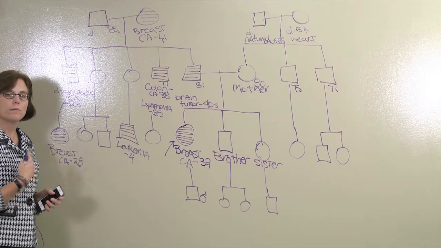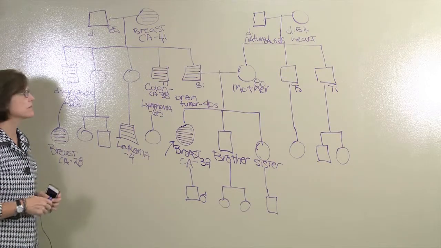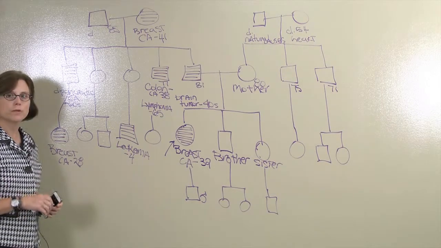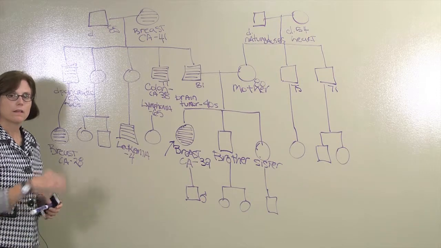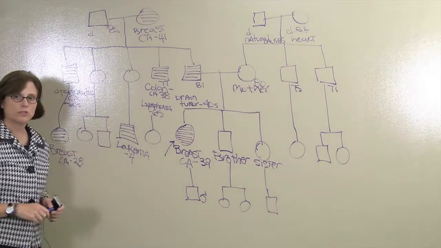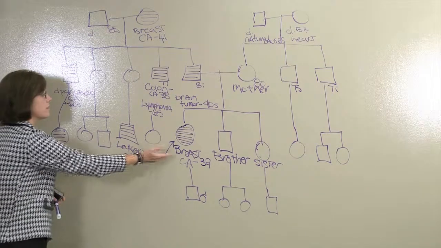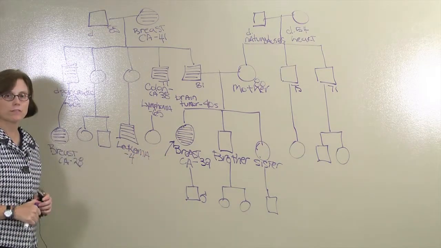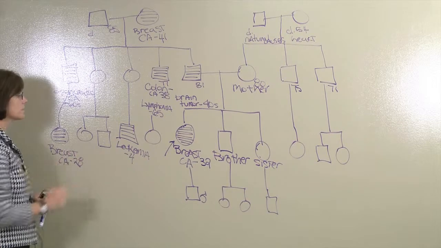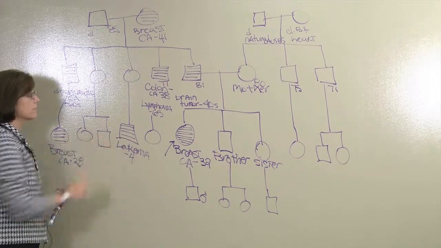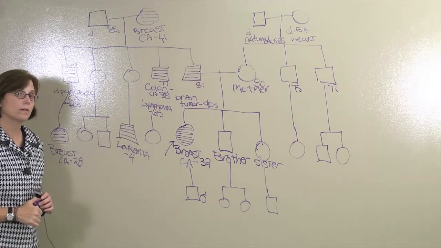There are multiple people who are affected. They are in multiple generations. We have people who are diagnosed at a young age, like this woman who presented at 32, and her cousin and another cousin with leukemia at age 4.